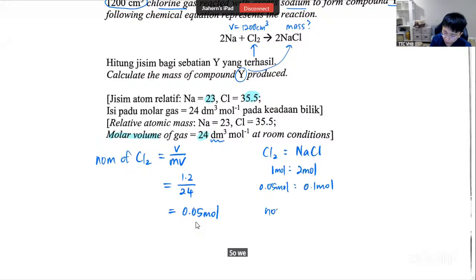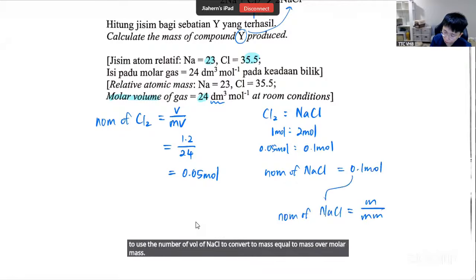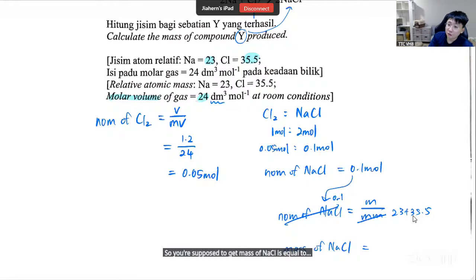So we say number of mole of NaCl is equal to 0.1 mole. So with this, use number of mole of NaCl to convert to mass: number of mole equals mass over molar mass. So this will be 0.1. What is molar mass? It will be 23 plus 35.5. So you're supposed to get mass of NaCl is equal to 58.5 times 0.1, 5.85. Great.